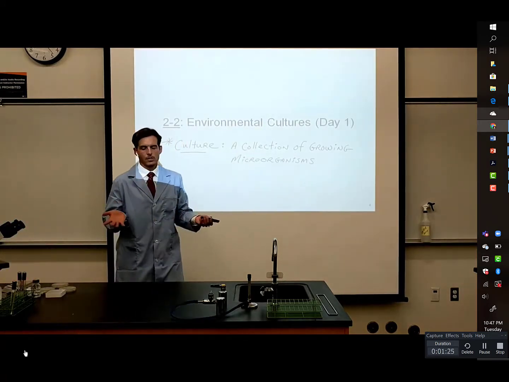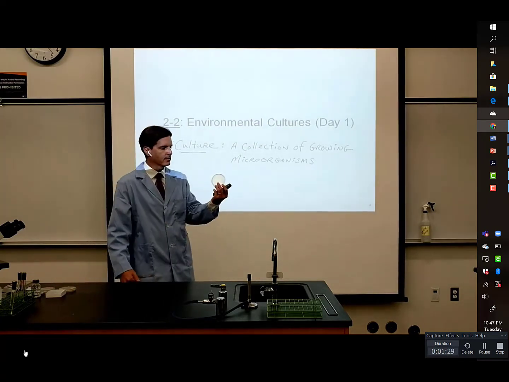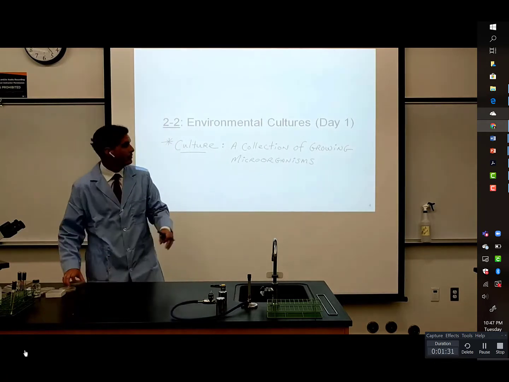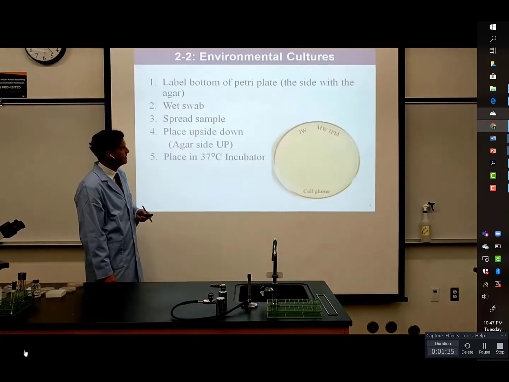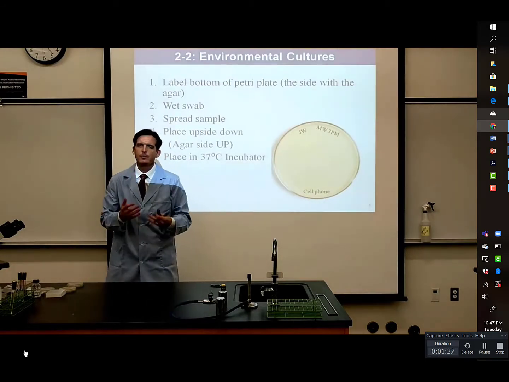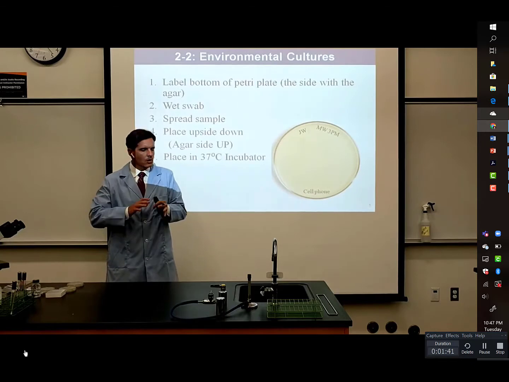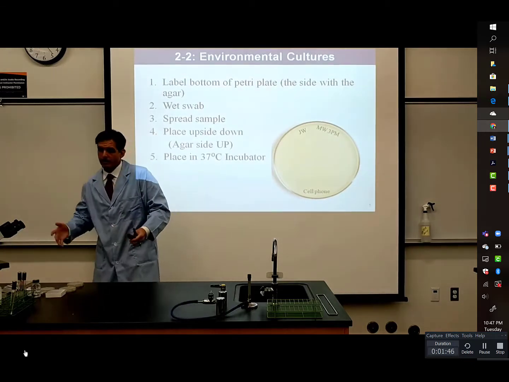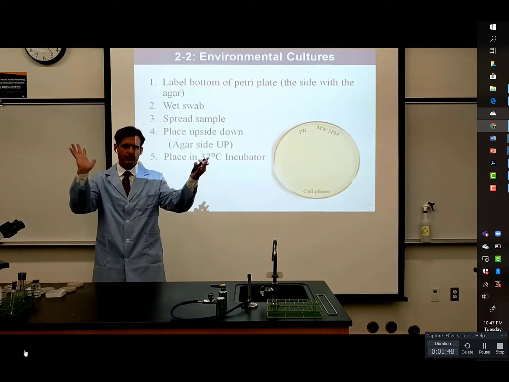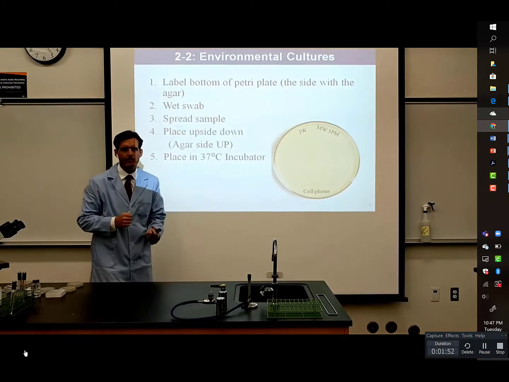And you can grow microorganisms in various tubes, and here we have a Petri plate that we'll be using for our environmental cultures. So let's see how we're going to be setting those up. What I'm really trying to do in this experiment is prove to you guys that all around in our environment there are microorganisms. They're everywhere. Anywhere you touch, right? You have microorganisms on you, but then anything else you touch, you may be picking them up from your environment.